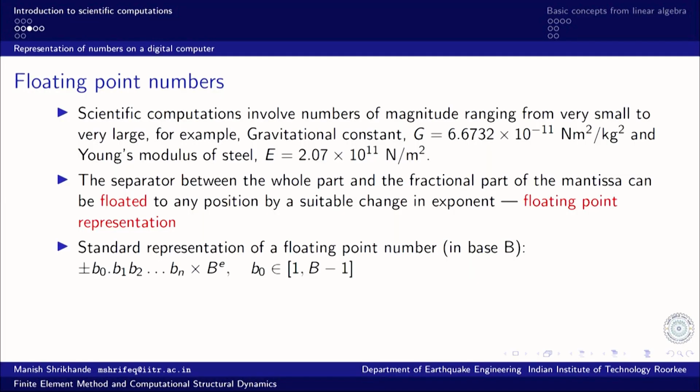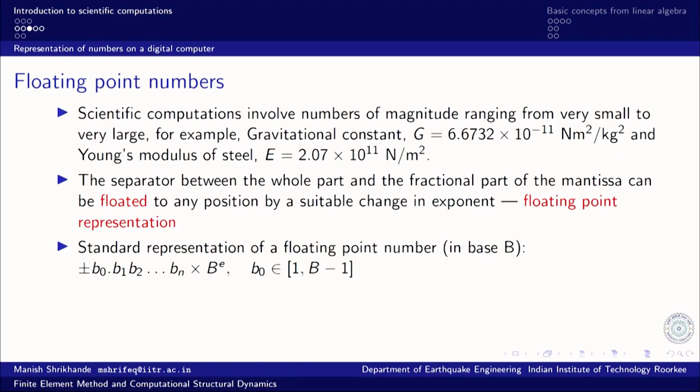Now, the important thing to note in this floating point representation is that the whole part b0 has to be a number between 1 and B minus 1. So, in the decimal number system, the standard representation would involve the whole part being a number between 1 and 9.